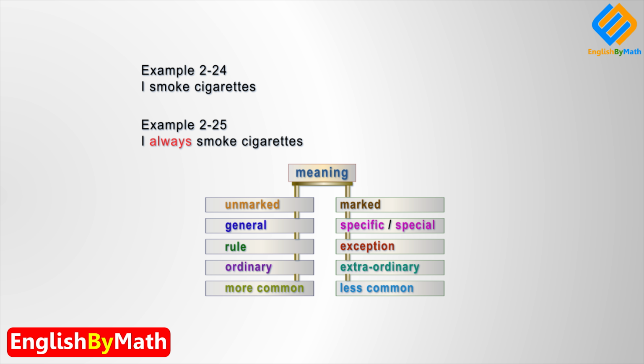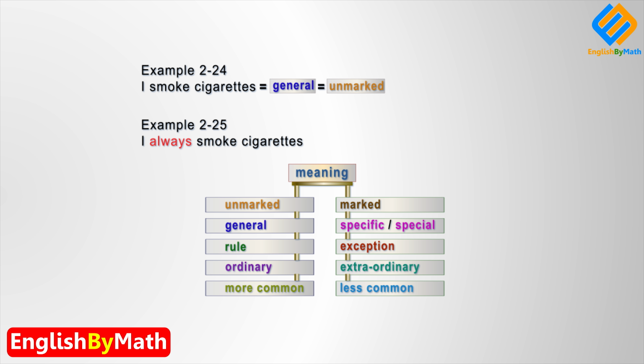The speaker in 224 expresses his habit of smoking cigarettes without telling us how strong this habit is. The meaning is therefore general or unmarked. The speaker in 225, however, specifies the strength of the smoking habit with the word always, which makes the habit very strong. So strong that he might be worried about his health.